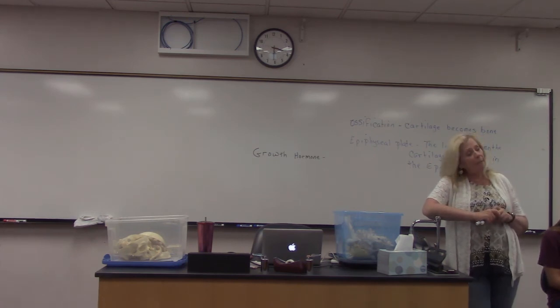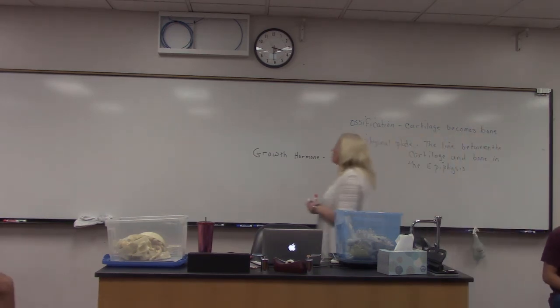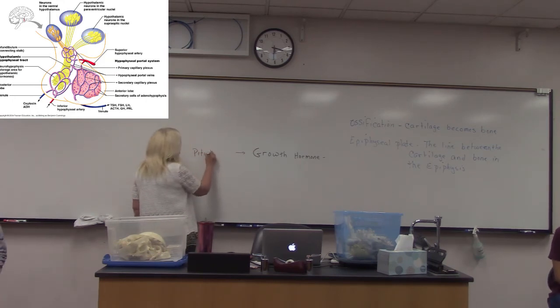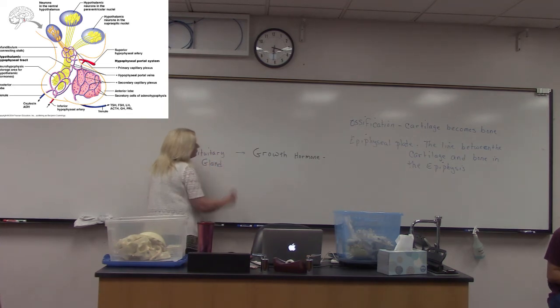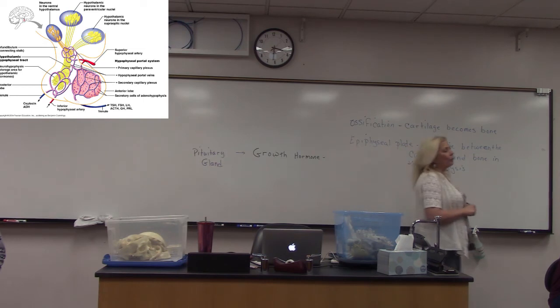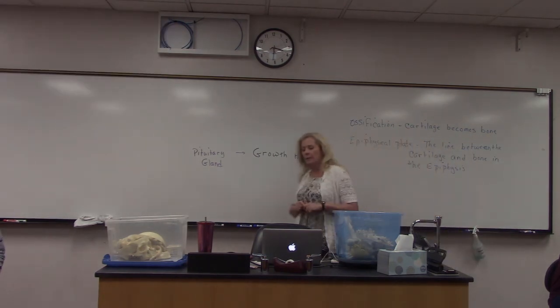There are some people who will also have a tumor in their brain because growth hormone comes from an area of the brain called the pituitary gland. So the pituitary gland helps us to make growth hormone. And some people will have a tumor there, and one of 2 things can happen.